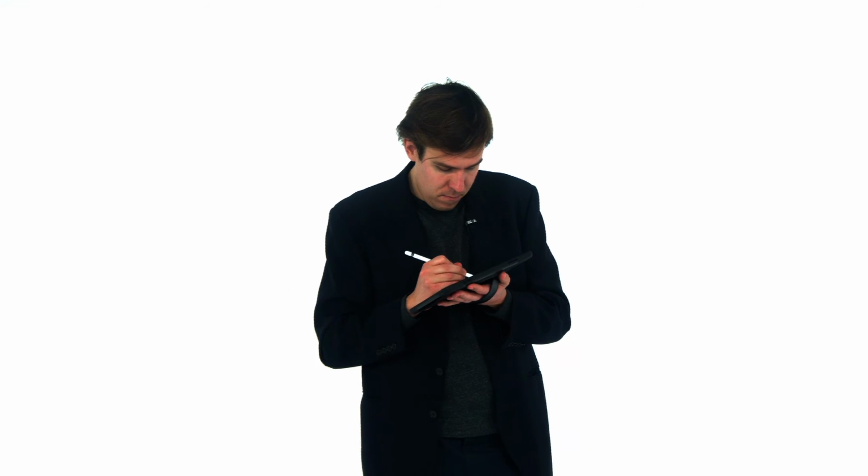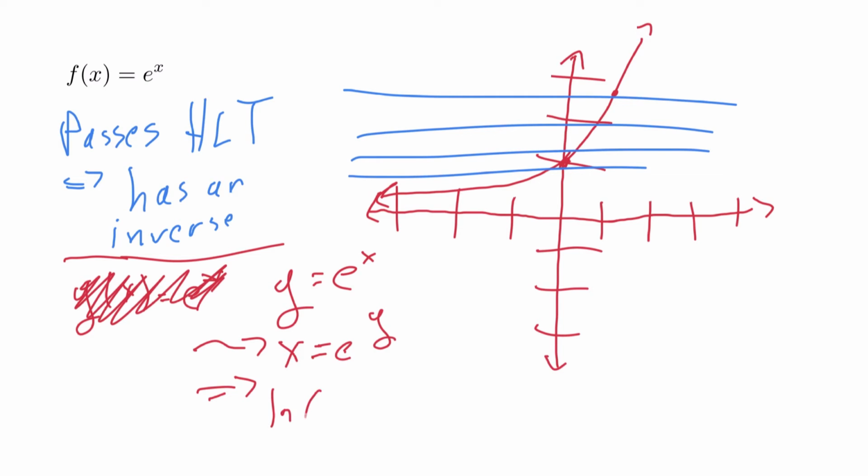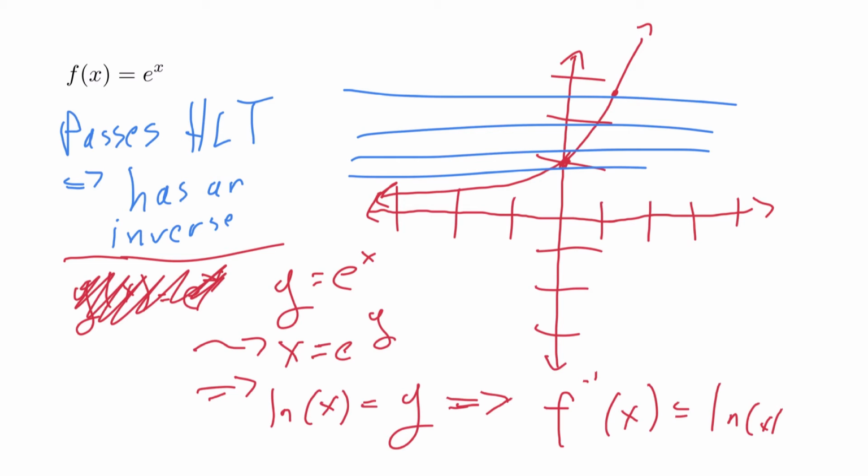What function will undo this exponentiation? Natural logarithm. So natural log of x is equal to y. So we conclude that f inverse of x is equal to natural log of x.